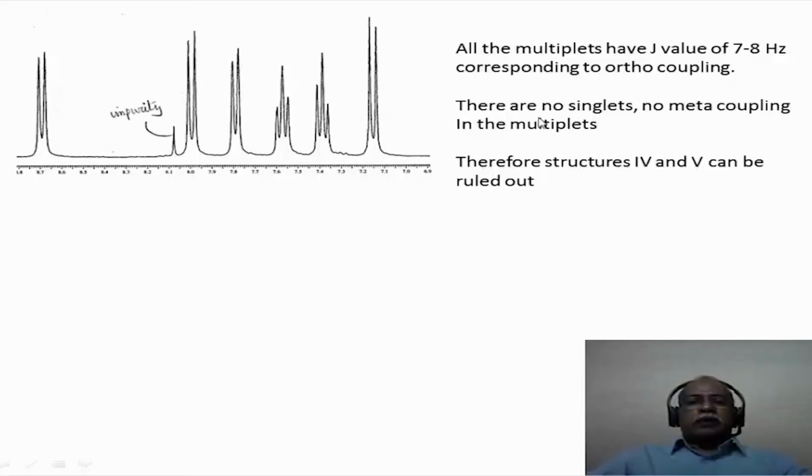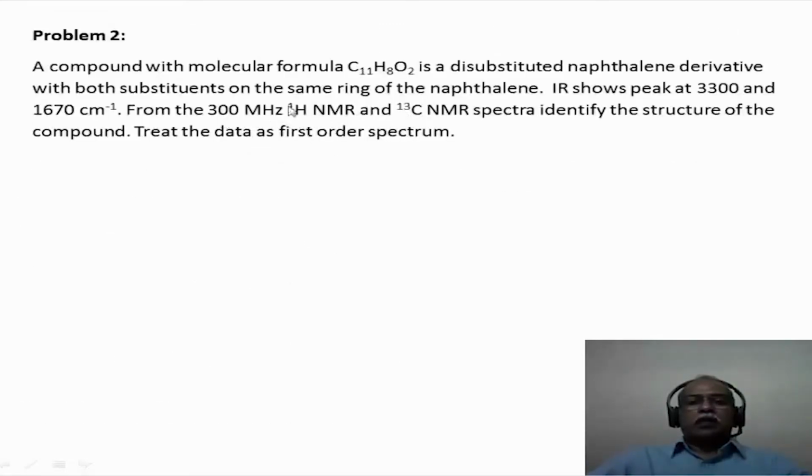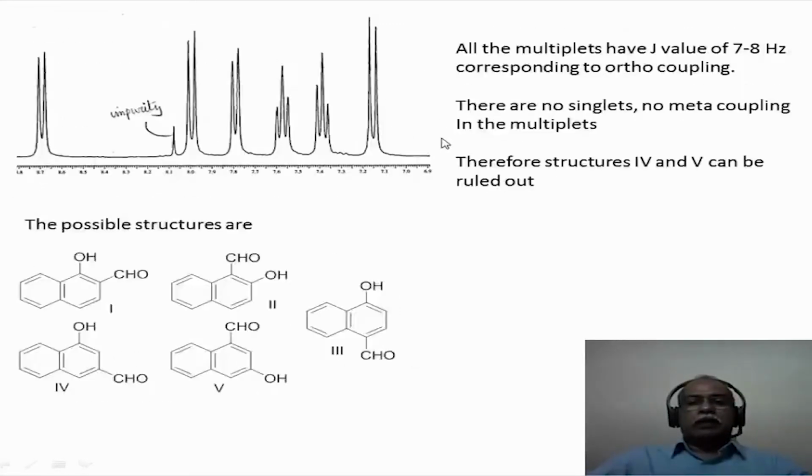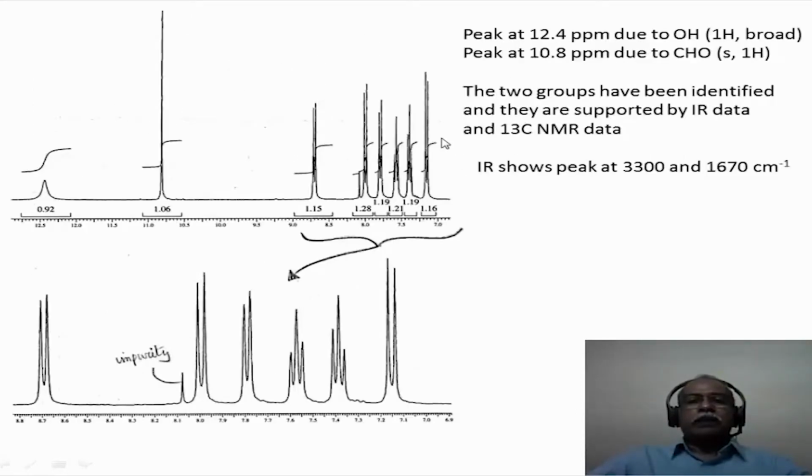What is even more important is that each one of these multiplets has a J value of about 7 to 8 Hertz, which corresponds to ortho coupling. One can take the gap between these two multiplets and calculate the frequency. It is a 300 megahertz NMR spectrum, which is very clearly given in the beginning. So 1 ppm would correspond to 300 Hertz or so.